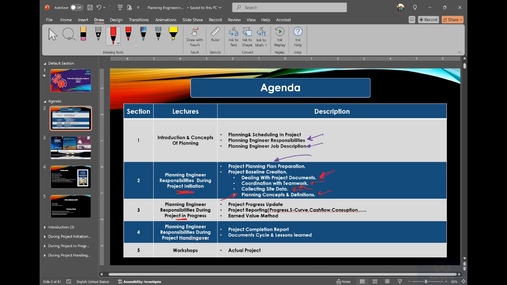There are many relations and concepts and definitions under project progress. We'll also understand project reporting, and this is very, very important.